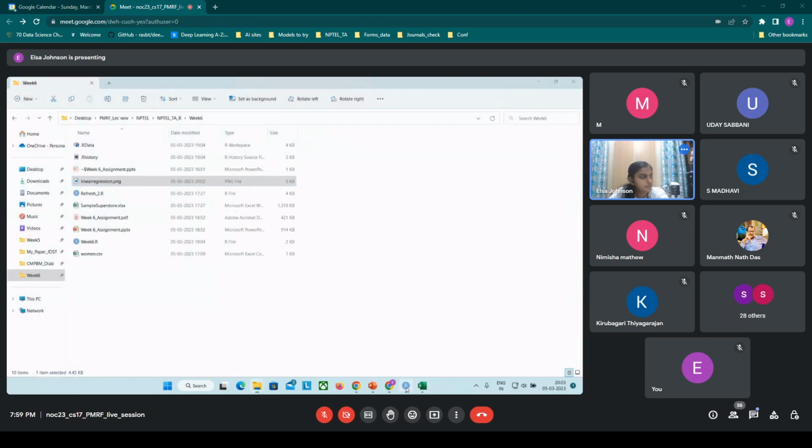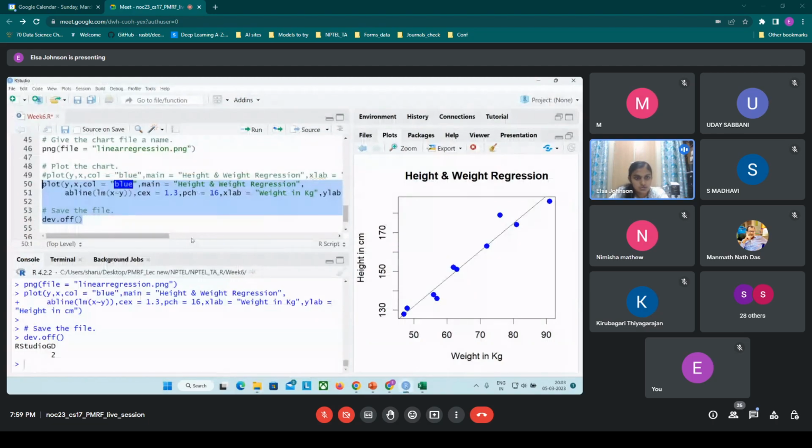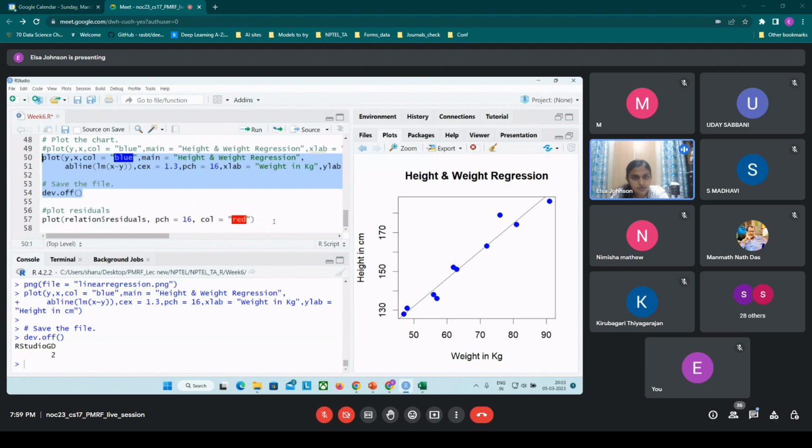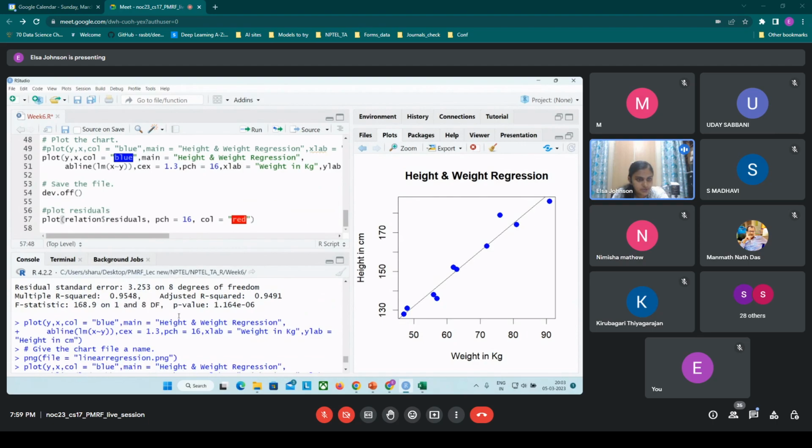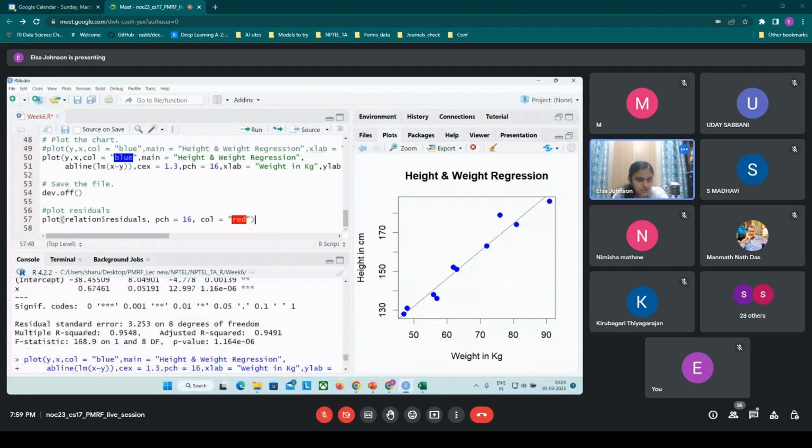All right, now another thing is we'll see the residuals. When we saw the relation, the residual standard error is coming like this.